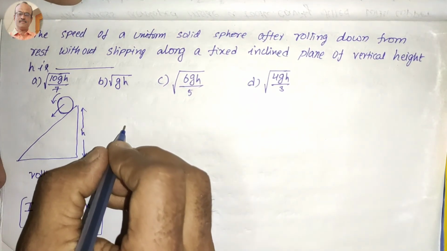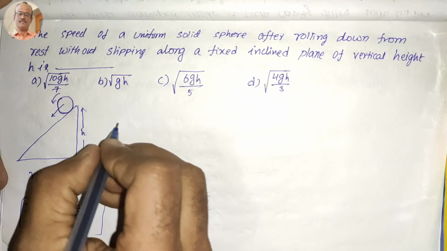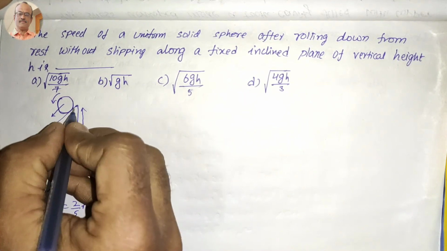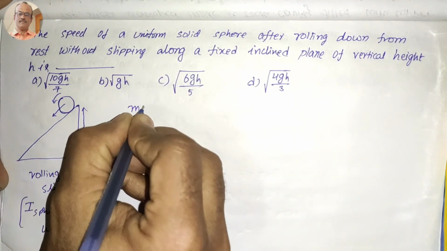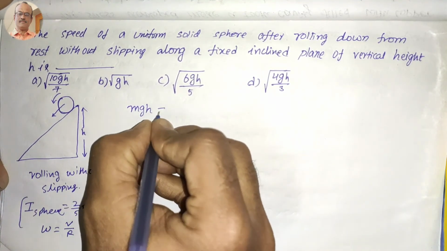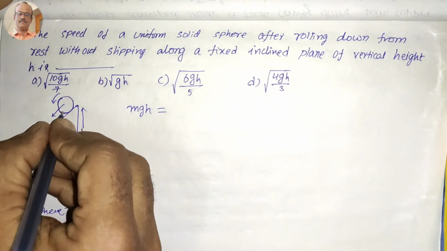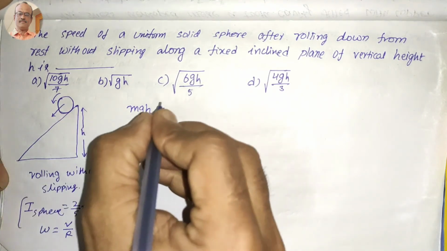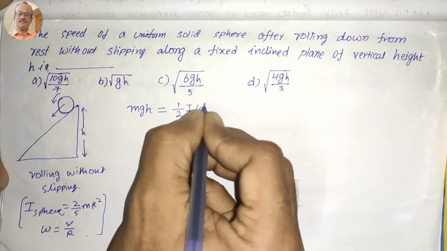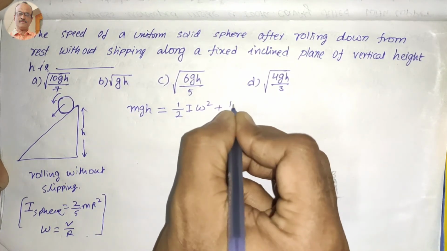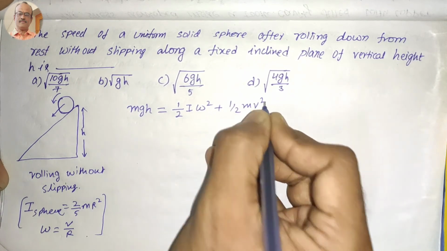Now here rolling without slipping means law of conservation of energy. It is present at this particular height means it contains potential energy m into g into h, which is equal to rotational kinetic energy and kinetic energy. Rotational kinetic energy half I omega square plus half mv square.